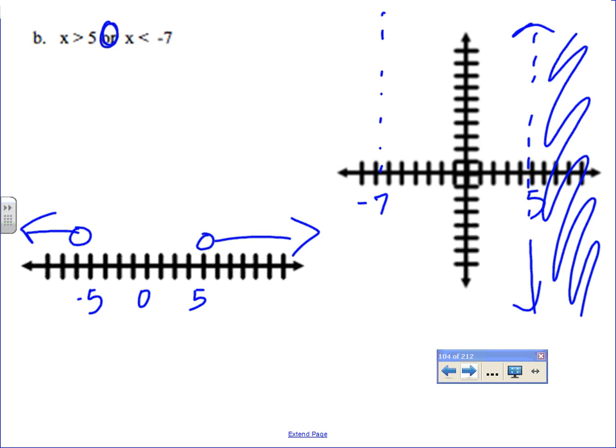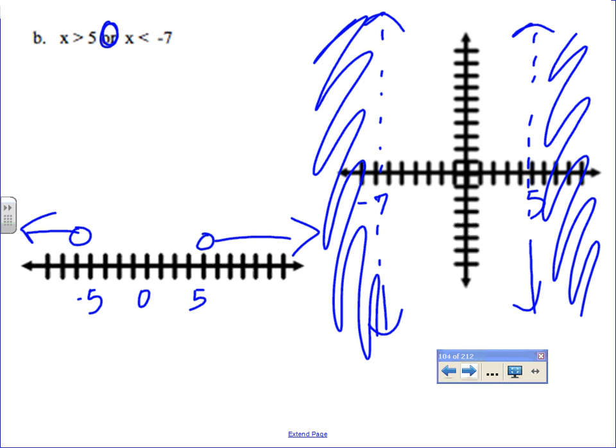We have a dotted or dashed line going through -7. And you're shading to the left. So here's an example of or. You should be coloring on the outside of both of those vertical lines. In or, it's always going to be like this, and your coordinate plane is going to be shaded on the outside.